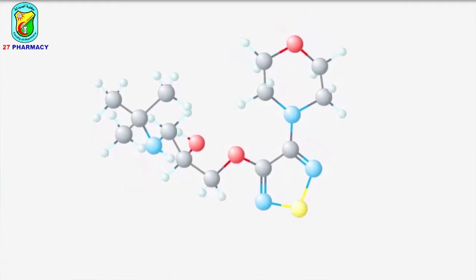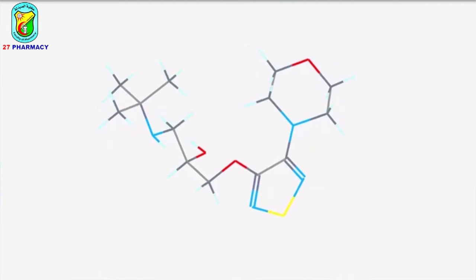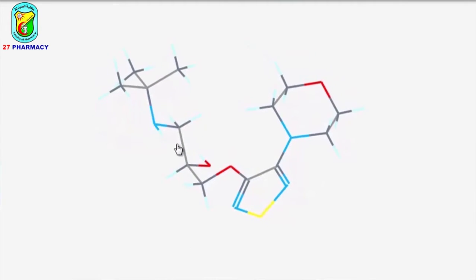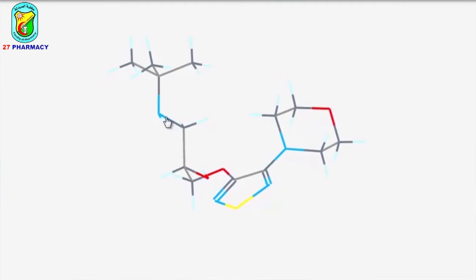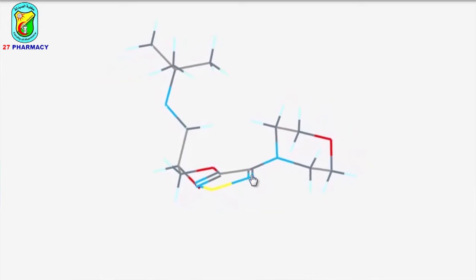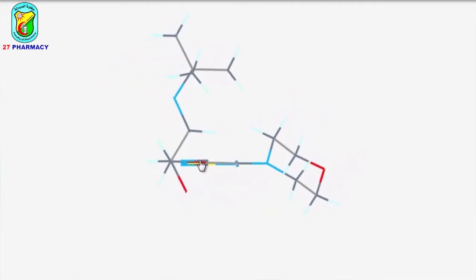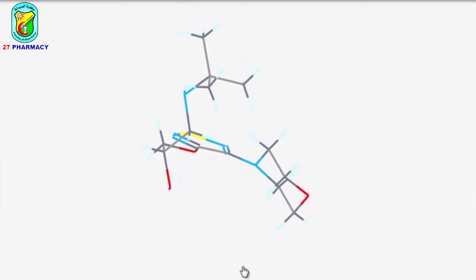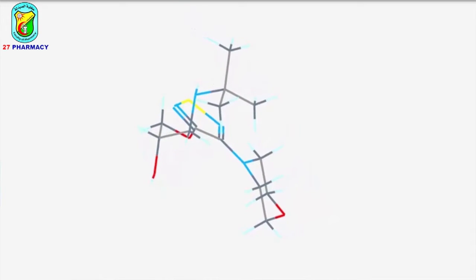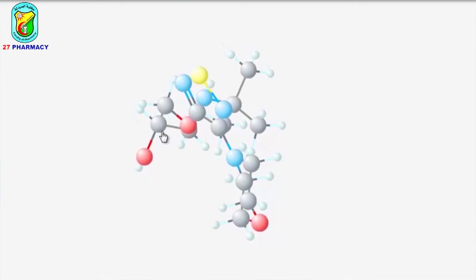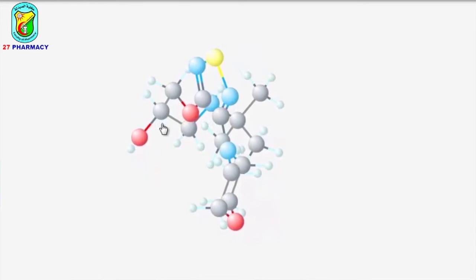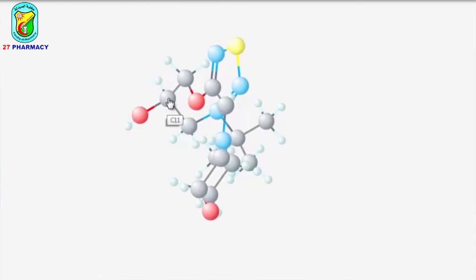Now we see timolol in line formula, or solid formula, and we can see single bonds and double bonds. Timolol has a chiral carbon.